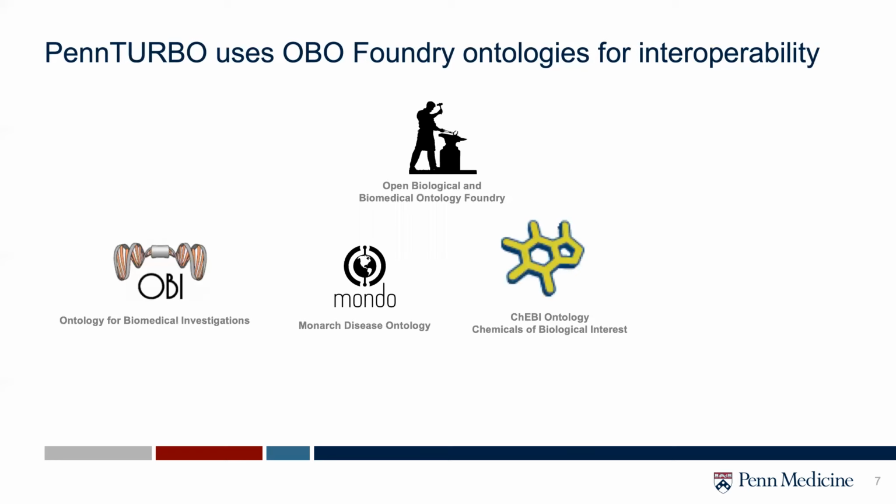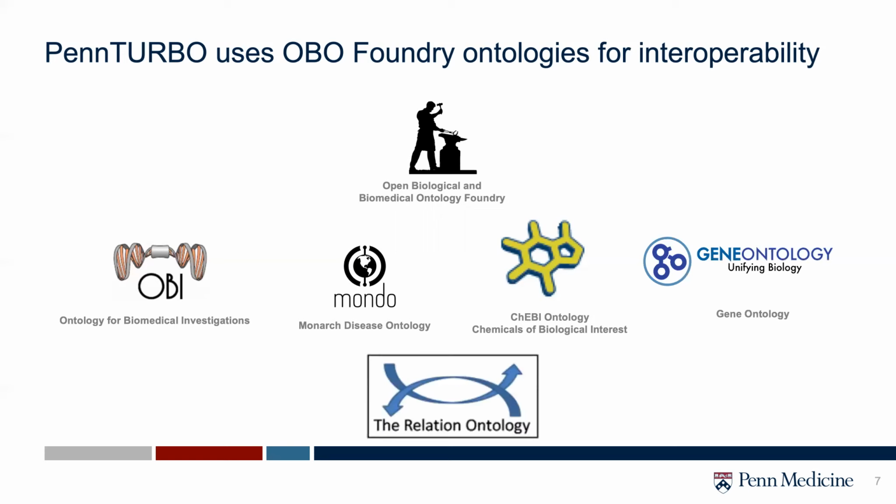The chemical entities of biological interest ontology is a structured classification of molecular entities of biological interest, focusing on small chemical compounds. The gene ontology is an ontology for describing the function of genes and gene products. And finally, the relations ontology is a collection of relations intended primarily for standardization across all of the ontologies in the OBO Foundry.